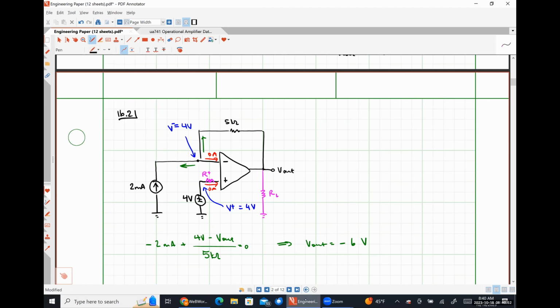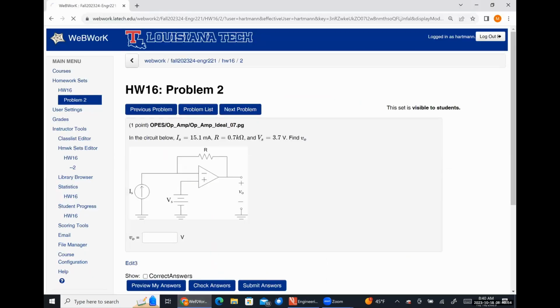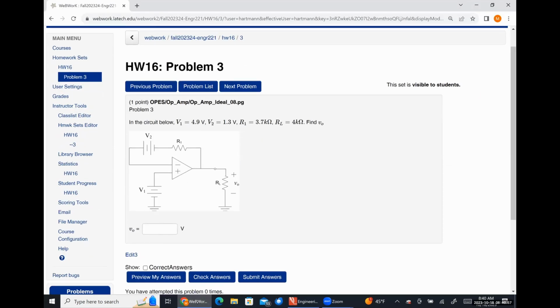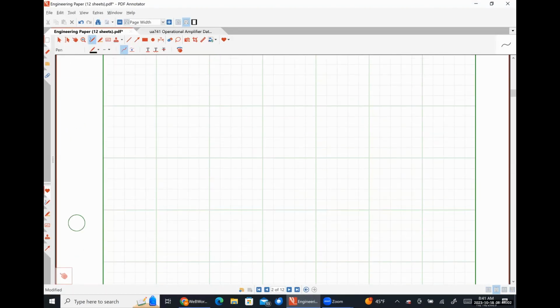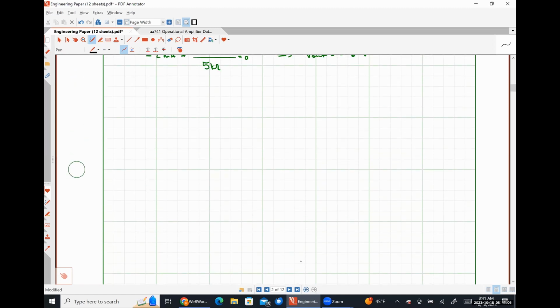All right, let's look at problem number 3. So this one's a little different. So let's put my op amp here. If my memory serves me correctly, I have some DC voltage source here.